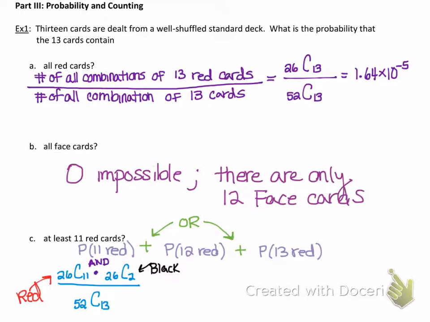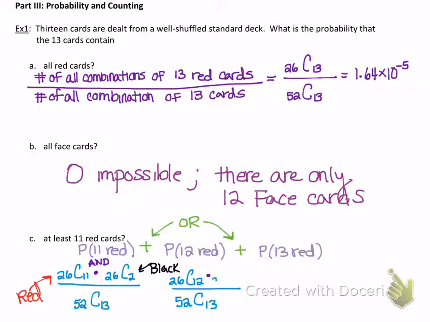Okay, so let's do the probability of 12 red cards. Again, we have 52 cards and we want 13. So if we have 12 red, we have 26 choosing 12, and that means that we need to consider the black cards.